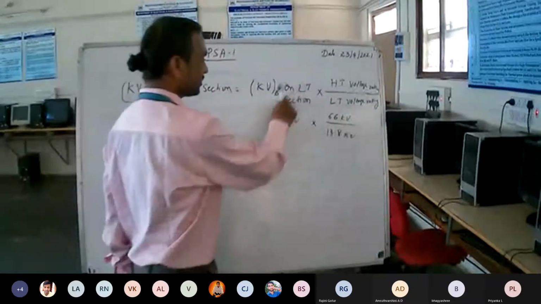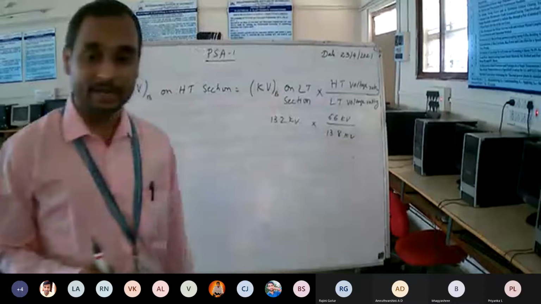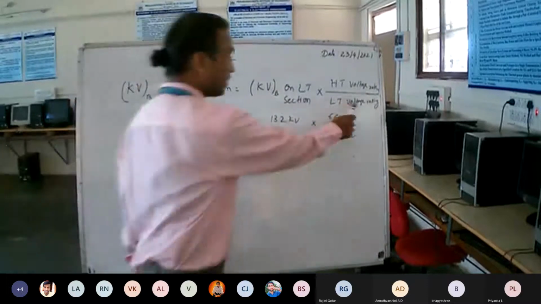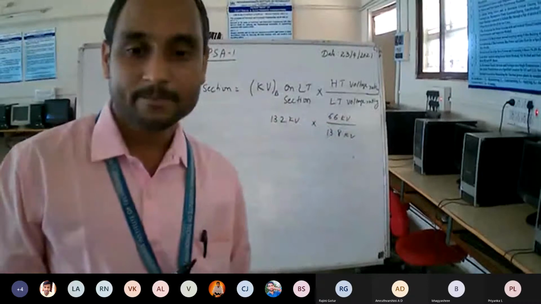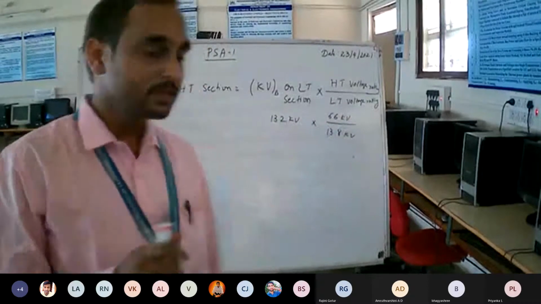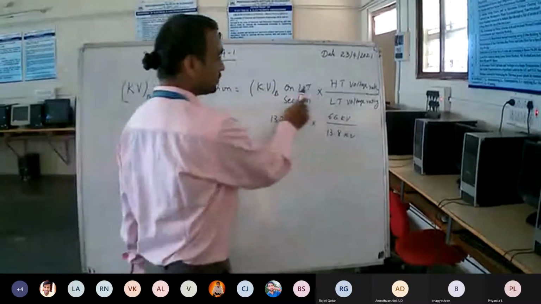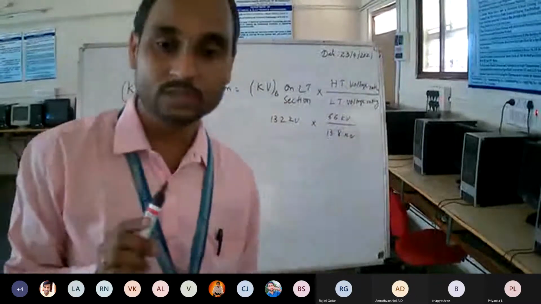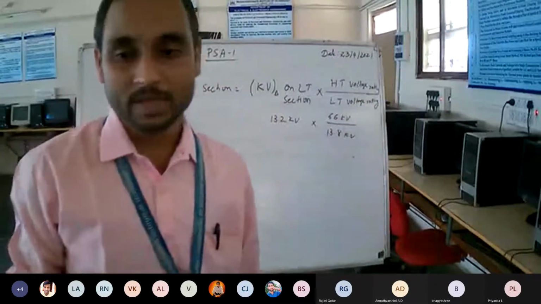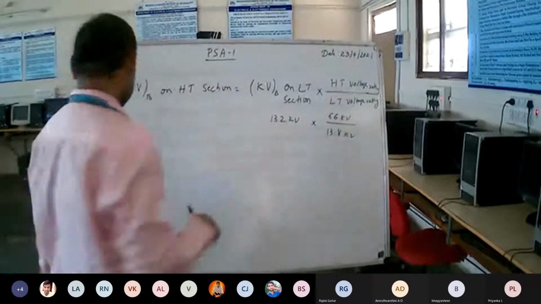But the LT voltage rating depends upon the bus bar rating. Is it clear? This is the bus bar rating, and this is the machine rating. Sometimes both are equal, sometimes they may not be equal.